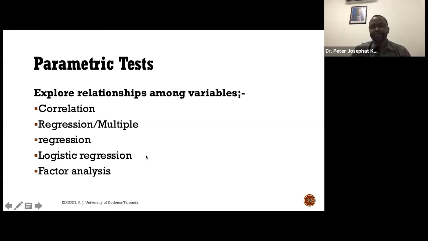Are you interested in data reduction and grouping? For sure, you'll go for factor analysis. So you have to plan that. If you are going to conduct this kind of analysis, then I will adapt the factor analysis. That means you need to have so many items so that later you can group or drop some of them.